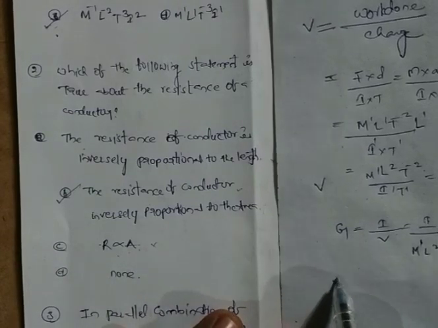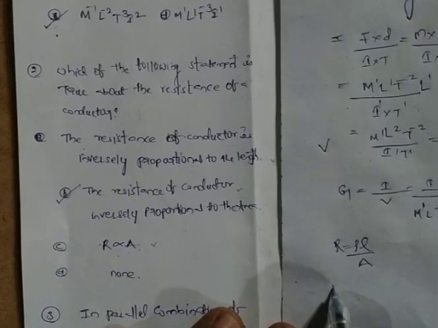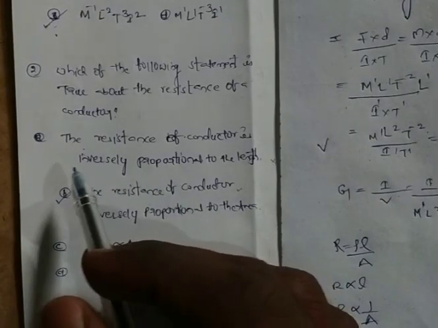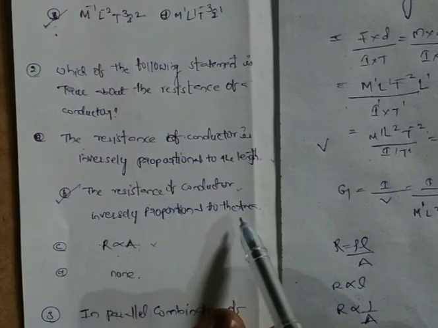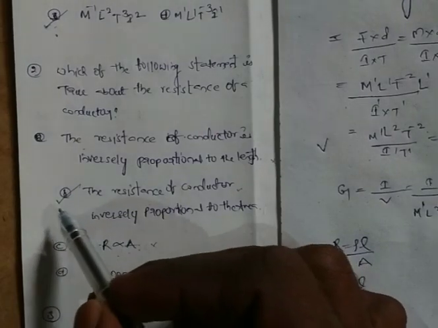We know the relation R is equal to rho L by area. So resistance is directly proportional to the length and inversely proportional to the area. That's why option B is correct.